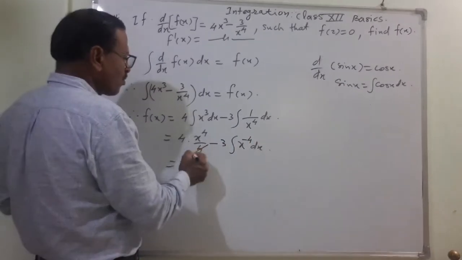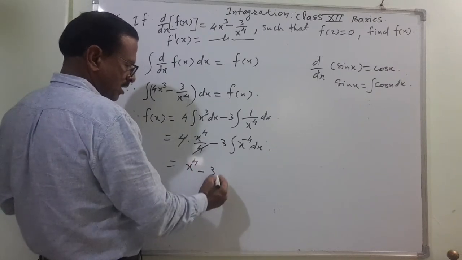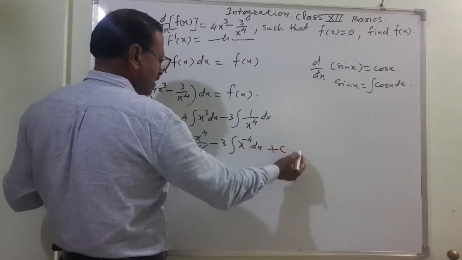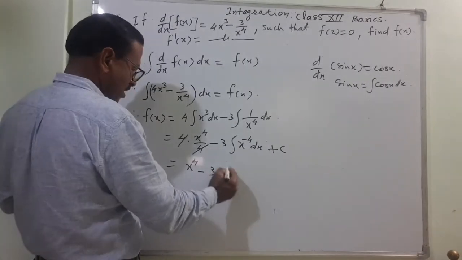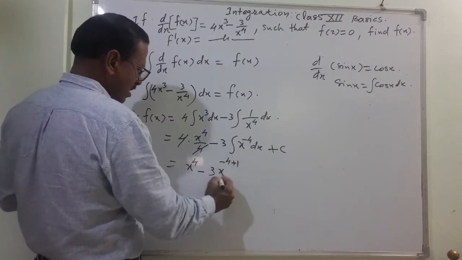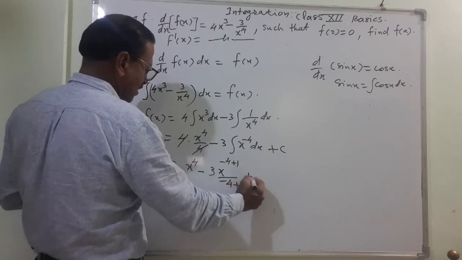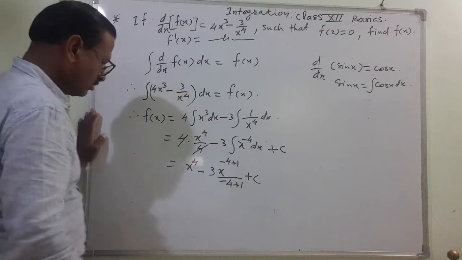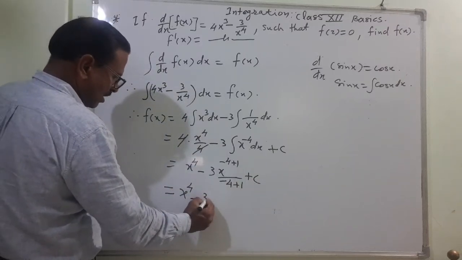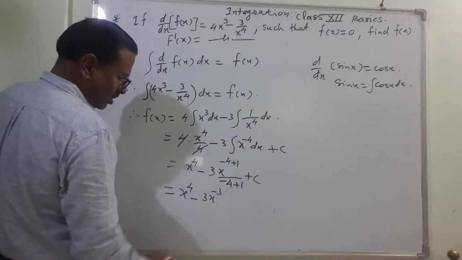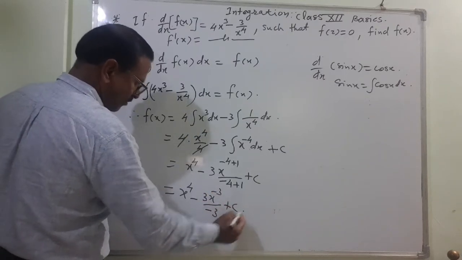So that is equal to 4 cut, this is x raised to 4 minus 3 plus the constant of integration, here itself I will put, or if you put afterwards, no matter, minus 4 plus 1 upon minus 4 plus 1 plus c. So that is equal to x raised to 4 minus 3 x raised to minus 3 upon minus 3 plus c.